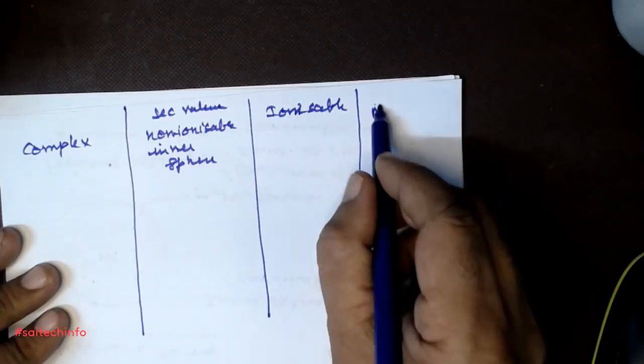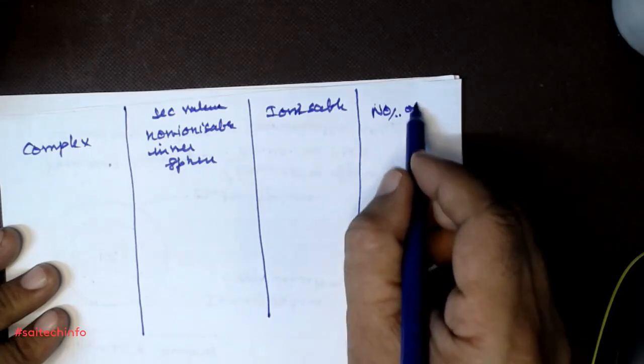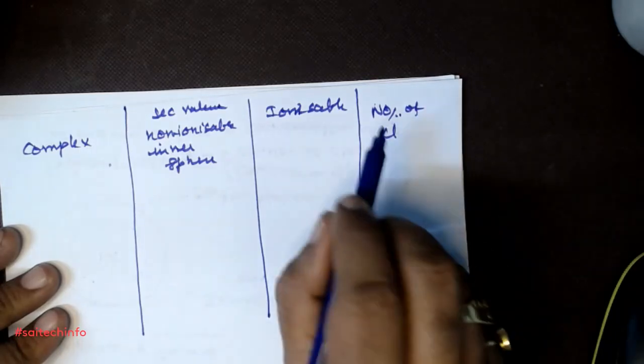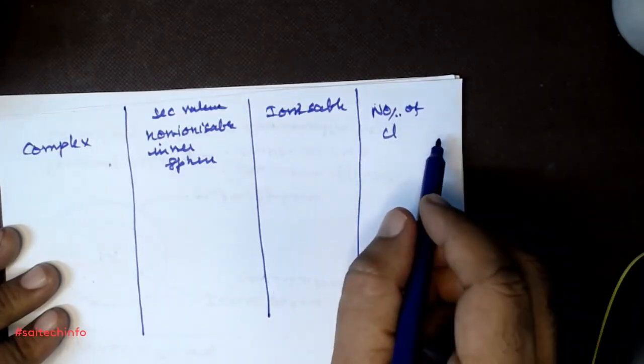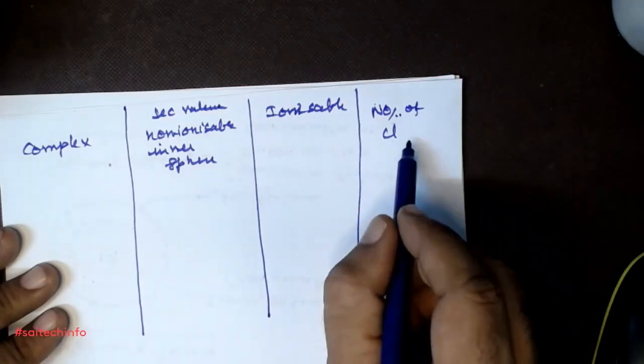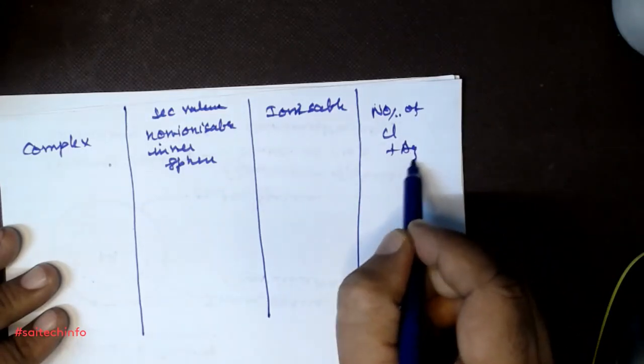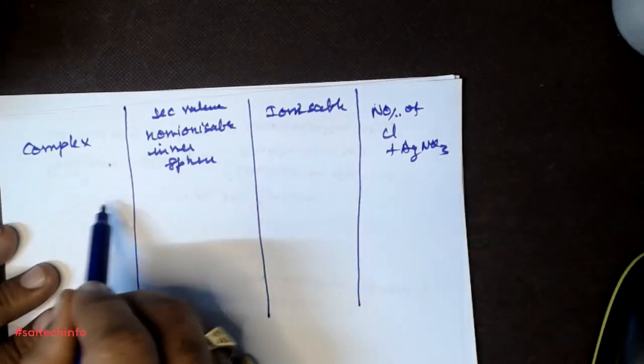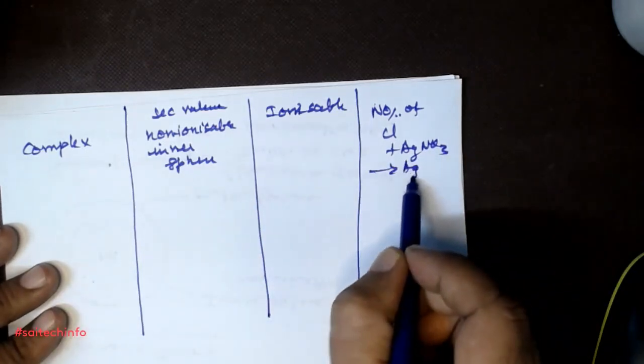So the number of chlorides that react with AgNO3 will give you AgCl.